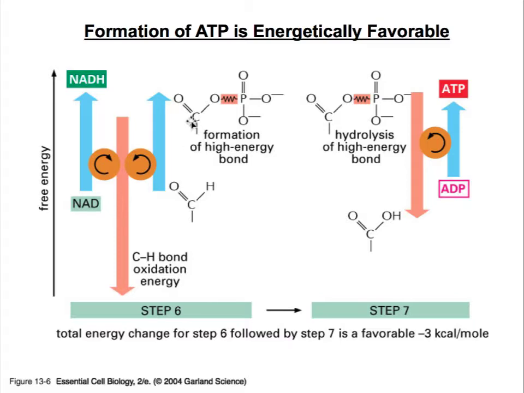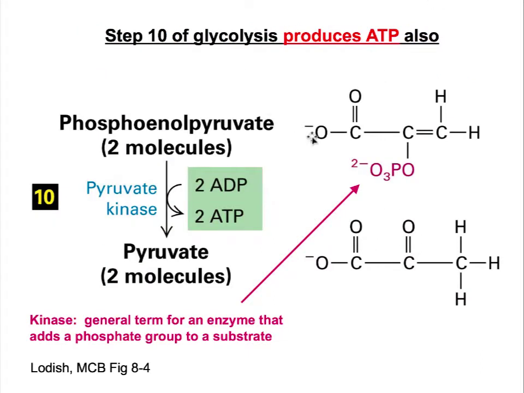And as we know from chapter 3, this process of changing one molecule and at the same time changing another is called coupling. So here we have two couplings, here we have one coupling. And of course there's also some heat generated which takes care of the rest of these arrows. So this is step 10 of glycolysis, where pyruvate is generated, and this is pyruvate here.